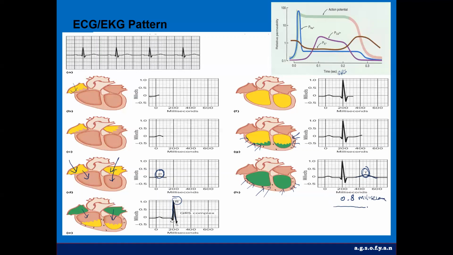And this is one cycle of cardiac muscle contraction. So diastole, systole, diastole, systole. This is one cycle. It takes about 0.8 seconds normally. So this is for a healthy heart cycle.